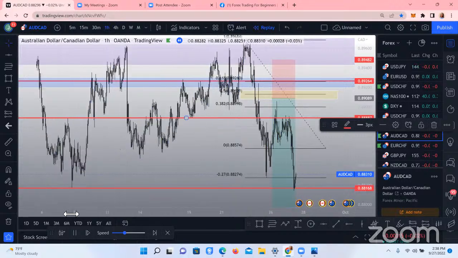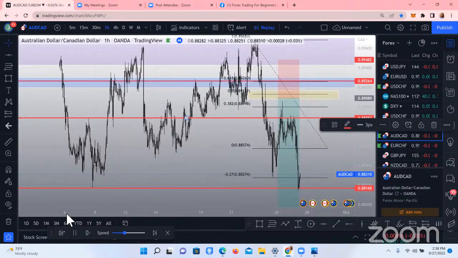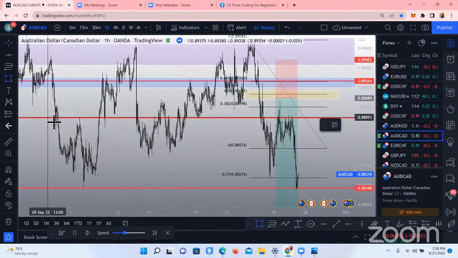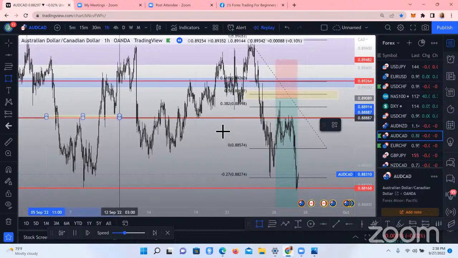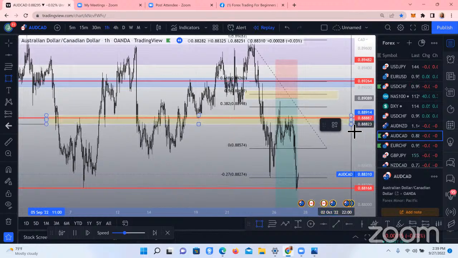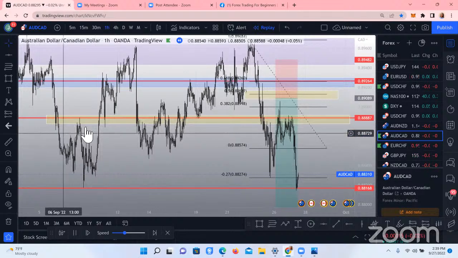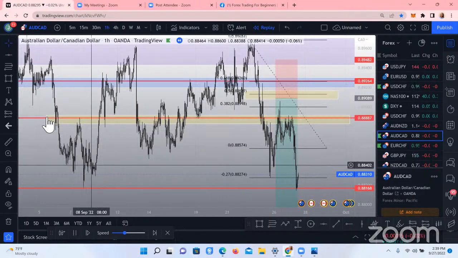So when you see price bump its head a couple times and it cannot get through this, you got to go back in time and say, okay, why didn't this work? What did I miss? And I missed that this was resistance, support.